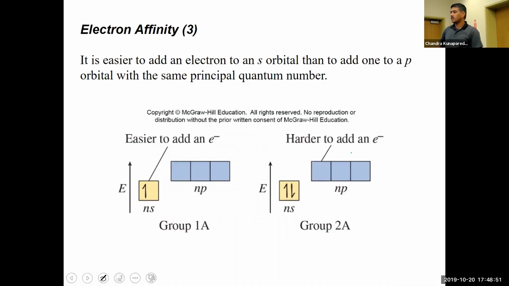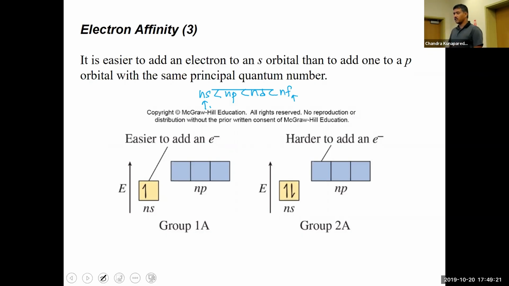In general, we know that in each shell, ns is lower in energy than np, then nd, then nf. So in general, it is easier to add an electron here than here. Once it is easier to add an electron to a particular element, it's going to lose a lot of energy. That is how we read it.